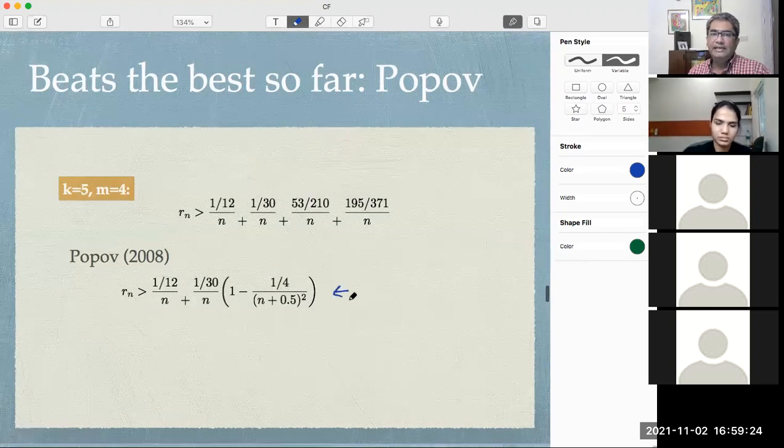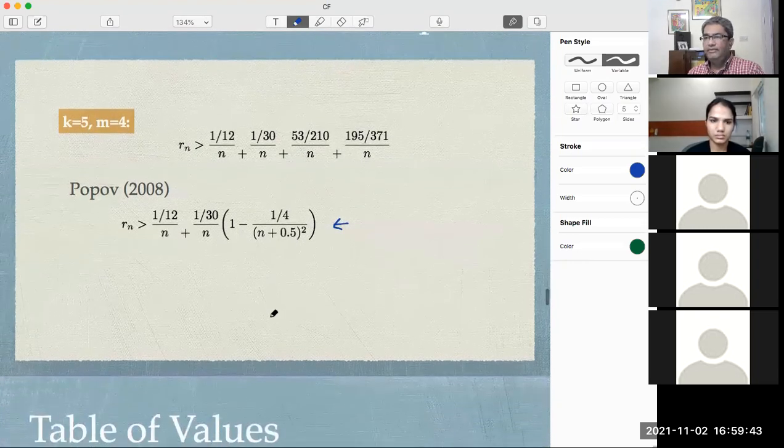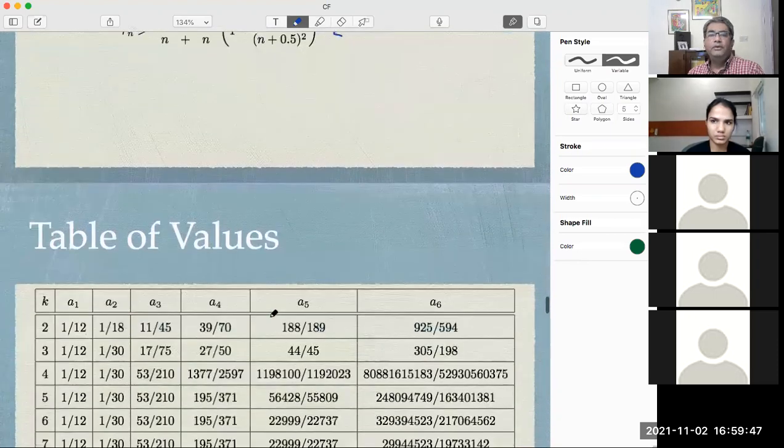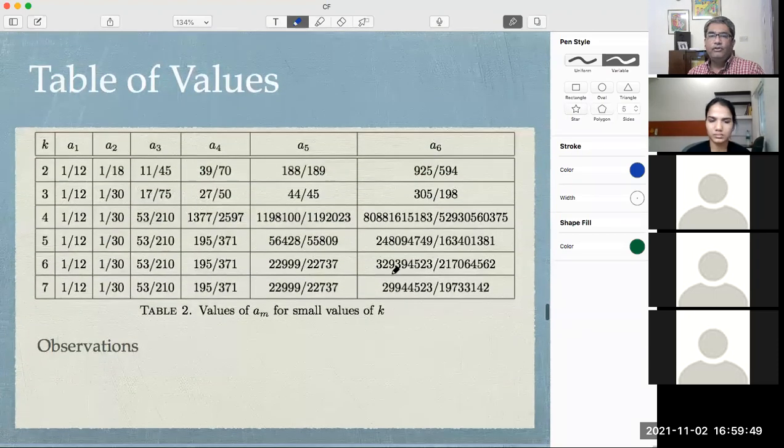For that we need to go to k equal to 5 and m equal to 4. So we get this lower bound, and this beats Popov. So far so good. We have more or less done what we wanted to do, in the sense that we wanted to beat Maria first, then we learned that there are more people, then we beat all of them.